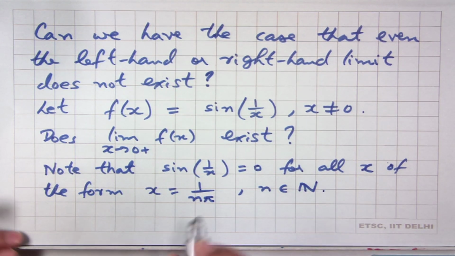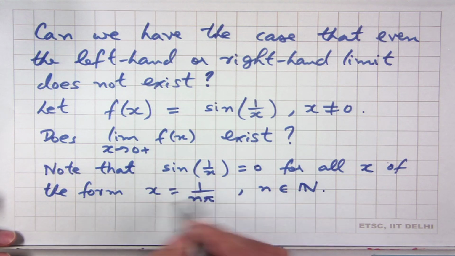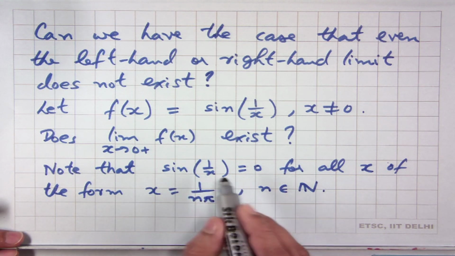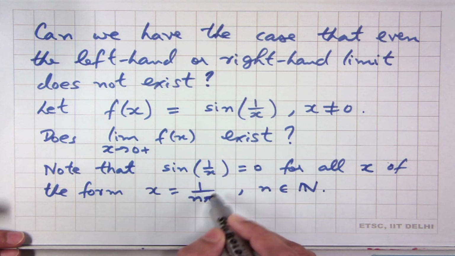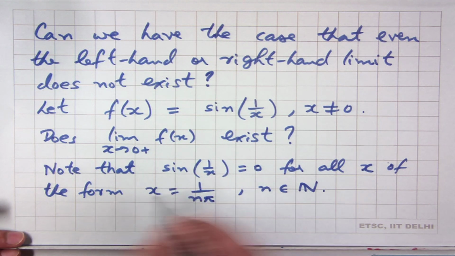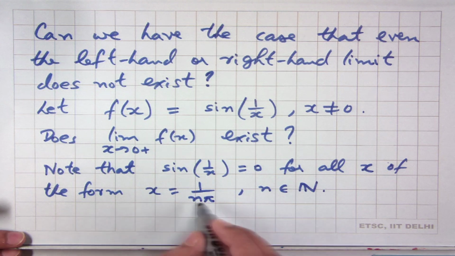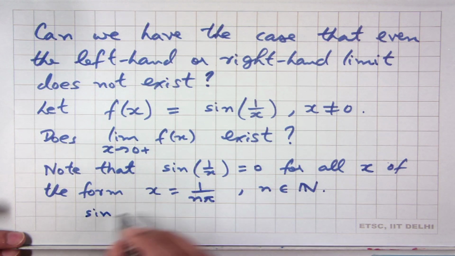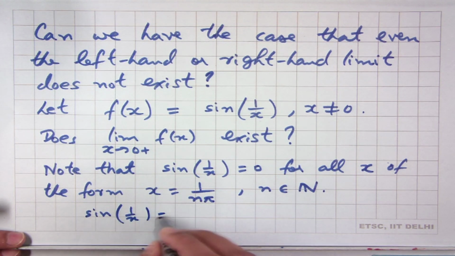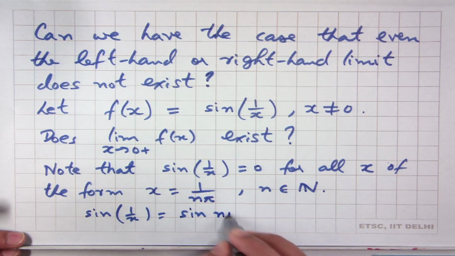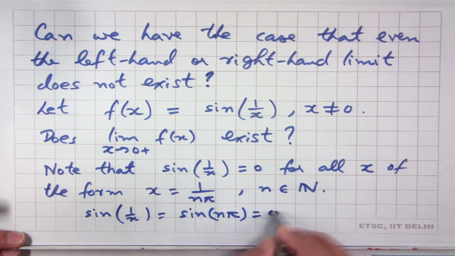We know that sine is 0 at all integer multiples of pi. So, if I take x equal to 1 by n pi, then sine of 1 by x is sine of n pi, which is equal to 0.